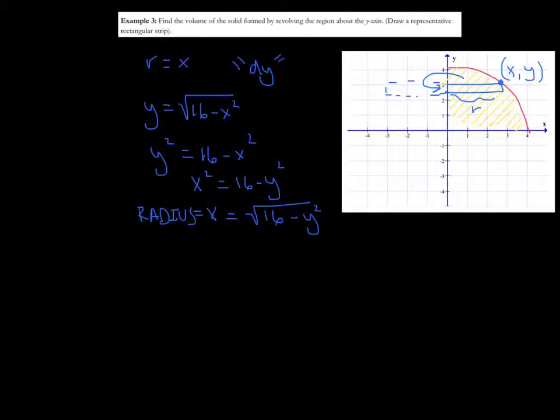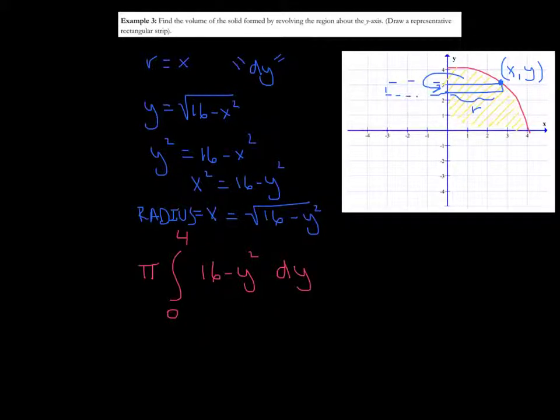So we need to integrate this, and we use our formula. So we're going to integrate from 0 to 4, and pay attention, that is along the y-axis, happens to be the same number as the x-axis. So we're going to integrate from 0 to 4, pi, don't forget the pi, radius squared. So when you square x or square the square root, it's just going to go away. So you're going to get 16 minus y squared, and then dy.